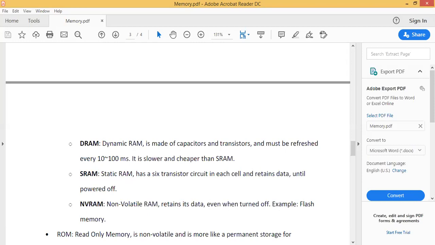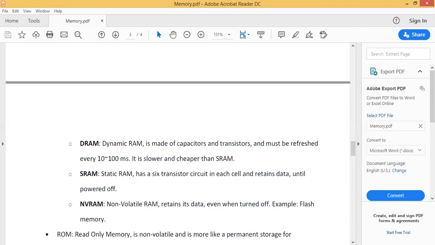SRAM means static RAM. It has a 6 transistor circuit in each cell and it retains data until powered off. And also NVRAM, which is known as non-volatile RAM, also retains its data even when power is turned off. Example, flash memory.